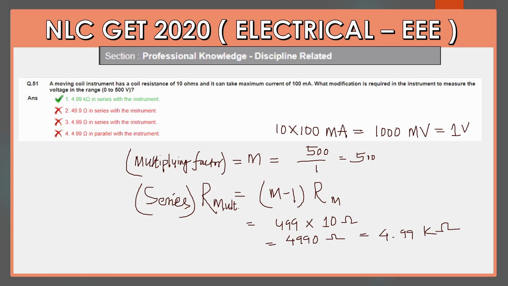Next question, it is saying a moving coil instrument has coil resistance Rm of 10 ohm and can take maximum current of 100 milliampere. If you calculate the voltage, it will be 1 volt. It is asking what modification is required in the instrument to measure the voltage range up to 500 volt.